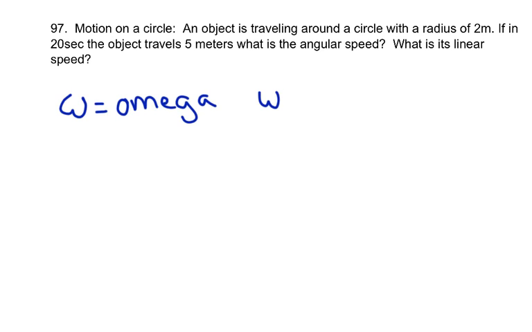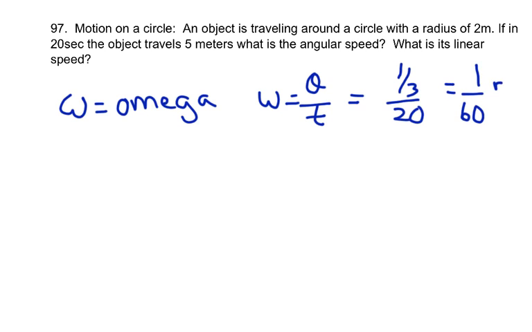So omega equals theta over your time. And we get 1/3 over 20, which equals 1 over 60 radians per second.